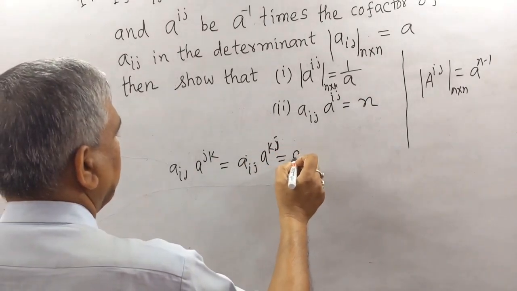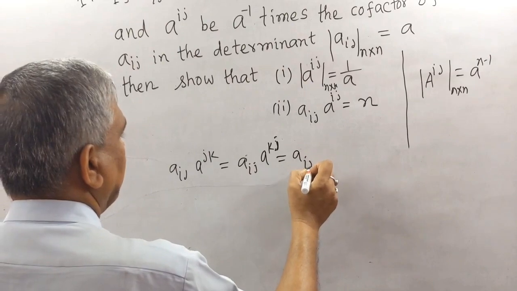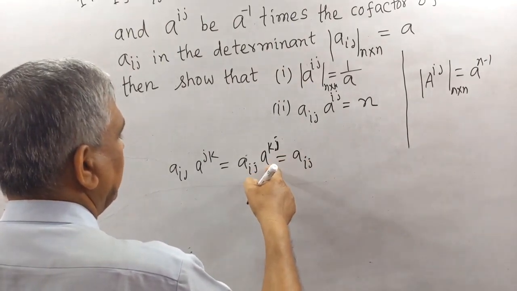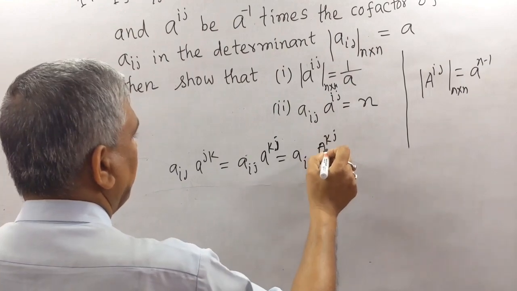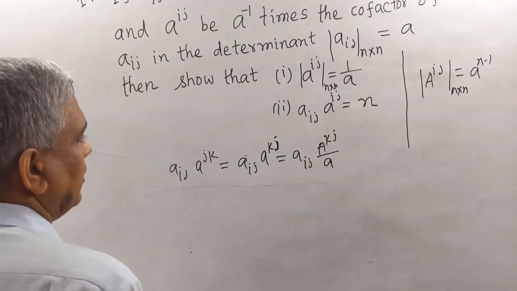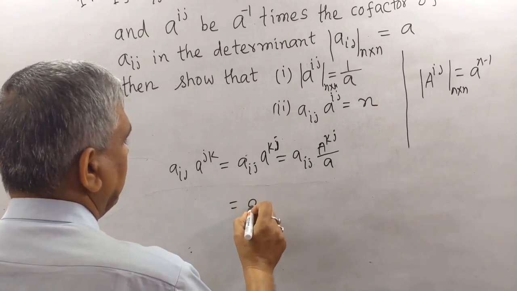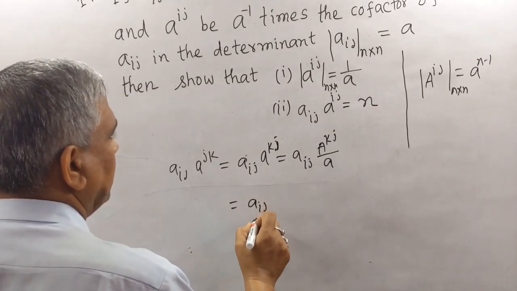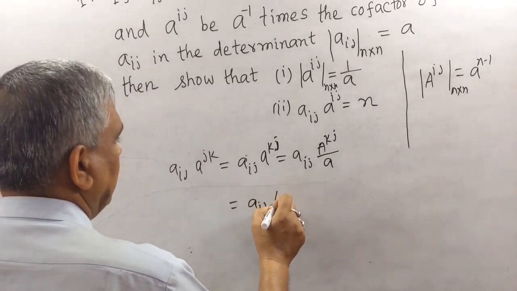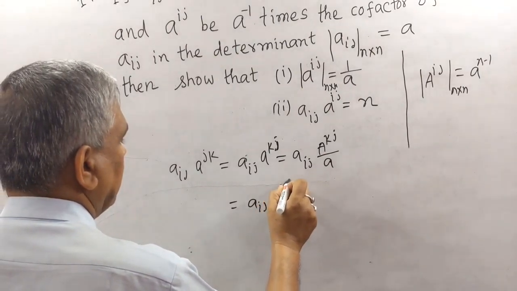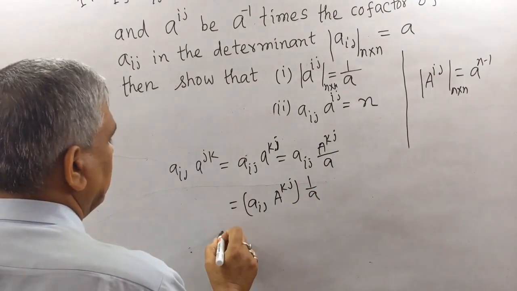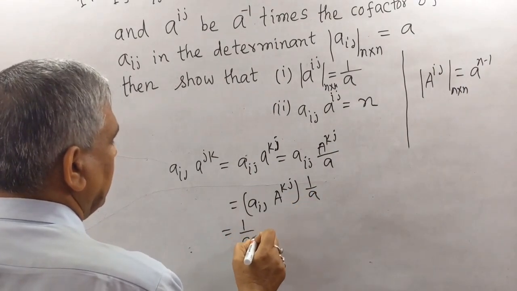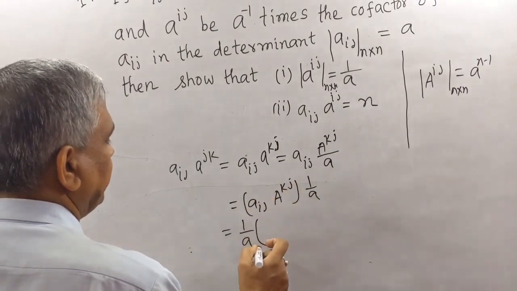This equals a_ij times the conjugate tensor A^kj, that is capital A_kj by the value of the determinant. This will be a_ij A_kj into 1 by a, which equals 1 by a. Here j is the dummy suffix.